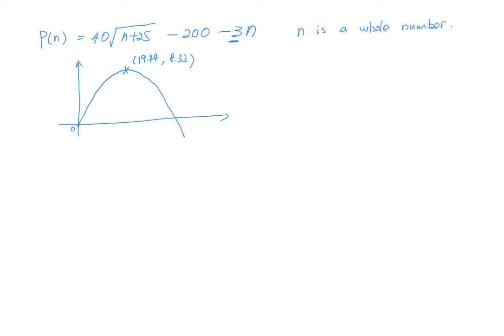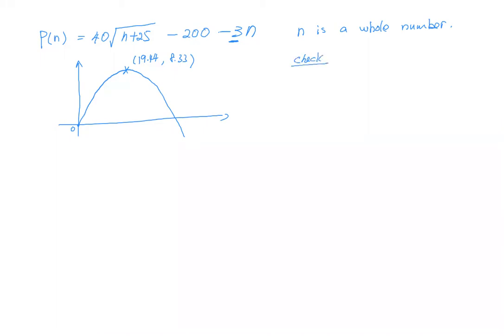So can n take 19.44? Can you produce 19.44 items? No.